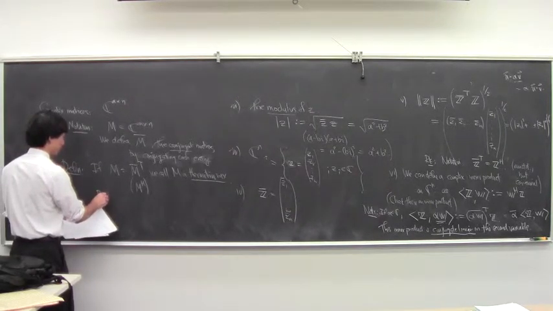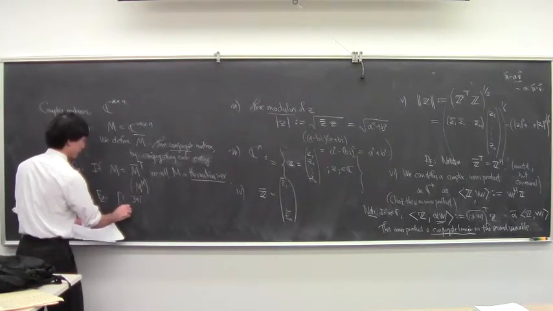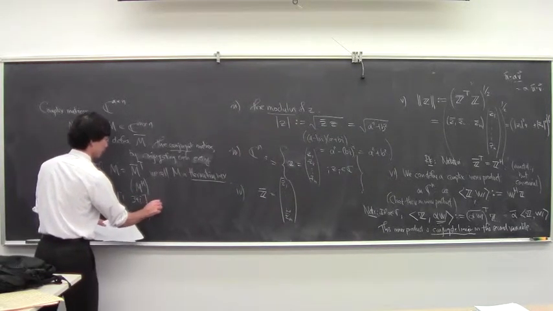So for example, if I have this matrix, 1, 3 plus i, 3 minus i, 0, this guy is Hermitian.